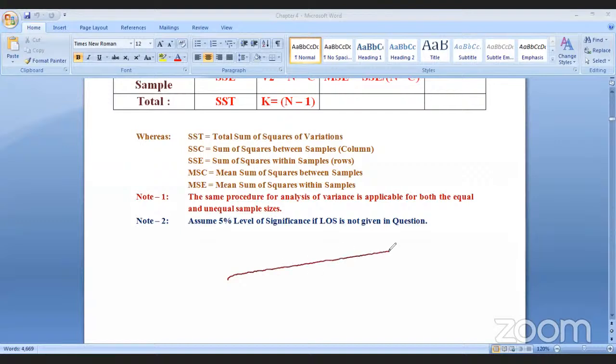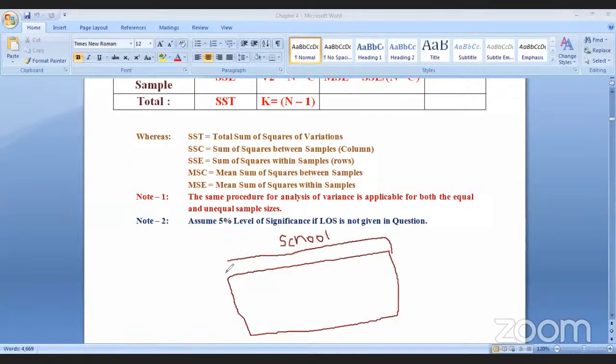See, the question will be like this. We are collecting the data regarding the schools A, B, C and D. So the boxes will be like this.